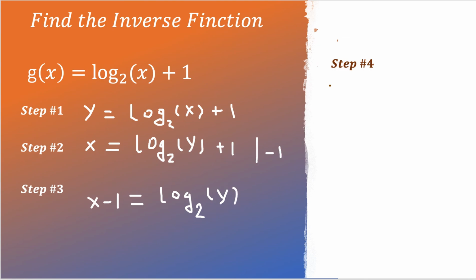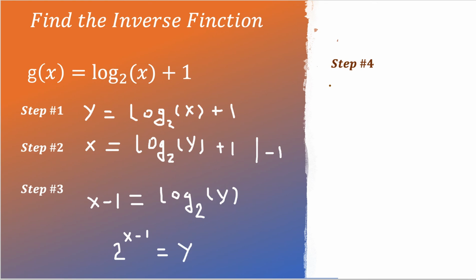Now we are converting from the log function to exponential form according to the definition. The base becomes the base of the exponent, so 2 in exponent x minus 1 is equal to y.